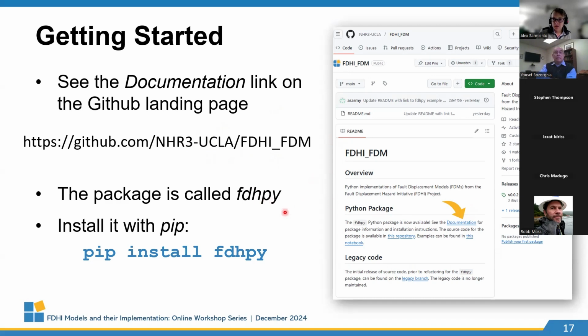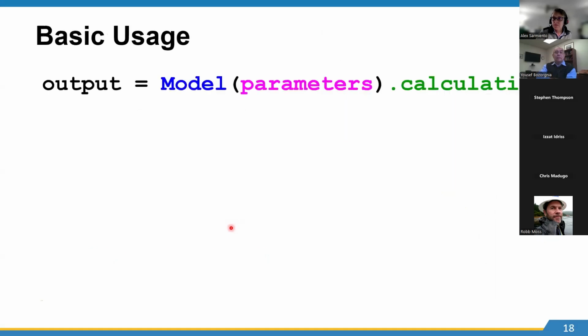The package is called FDHI, and you can install it with pip, which is the default package manager for Python. And it's an object-oriented API, which essentially means that we run a specific calculation for an instance of a specific model and its parameters. And that gives us our answer, our output.